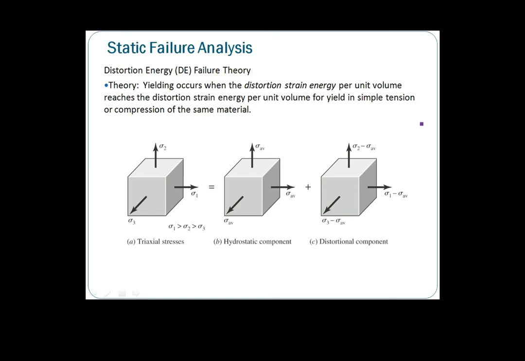So what is distortion energy? If you have triaxial stresses, sigma 1, sigma 2, sigma 3, your principal stresses, they can be split into hydrostatic or average stresses plus your distortional components. The distortional component is your triaxial stresses minus the average, or hydrostatic, component.